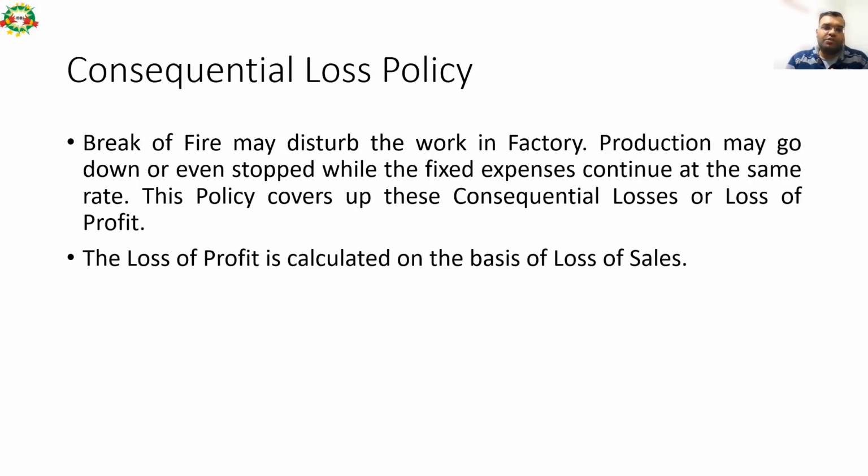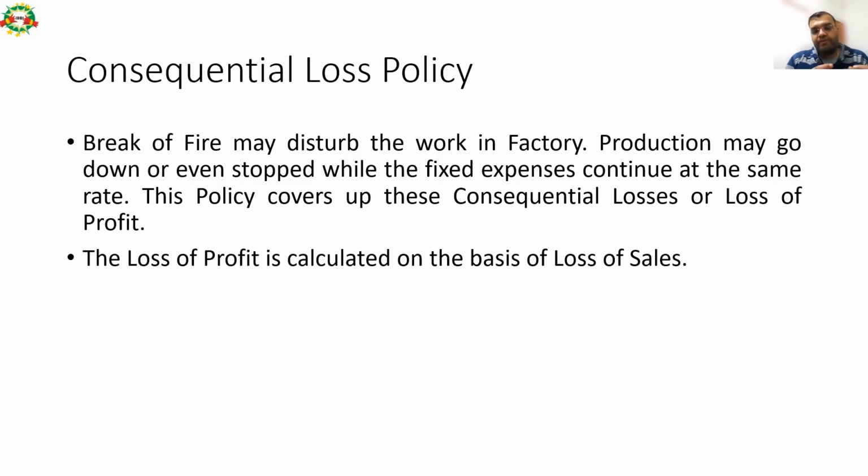Consequential loss policy. A break of fire may disturb the work in a factory. Production may go down or even stop while the fixed expenses continue at the same rate. So this policy covers these consequential losses or loss of profit.